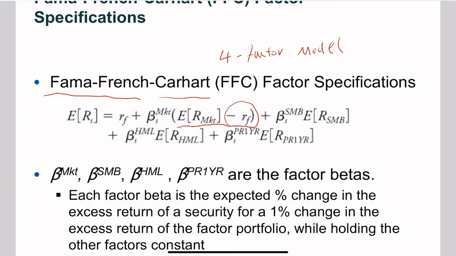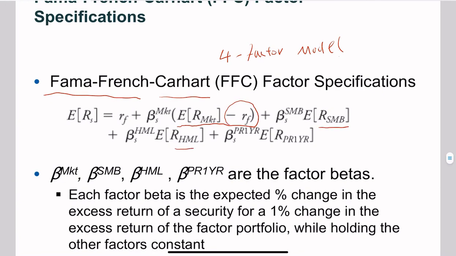But if you are looking at these three additional factor portfolio returns, you don't have this minus RF, right? So you have to be careful with this. So don't subtract RF from all factor portfolio returns, right? This is a mistake committed by past students, right? So you don't want to make this same mistake again.